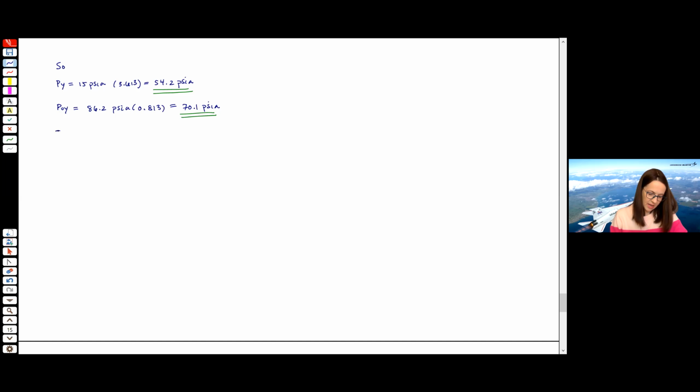Our static temperature downstream of the shock is 545 degrees Rankine times 1.532, which gives us 834.9 degrees Rankine. And then finally, we know that our stagnation temperature is going to be the same. So it's 897.9 degrees Rankine.